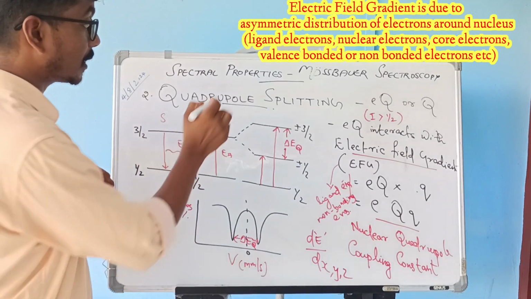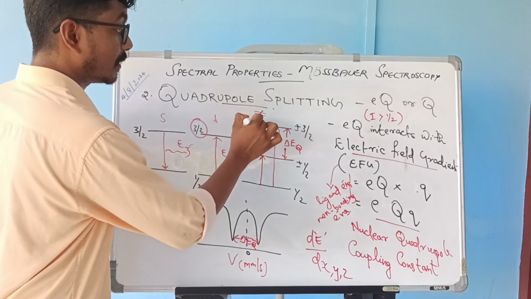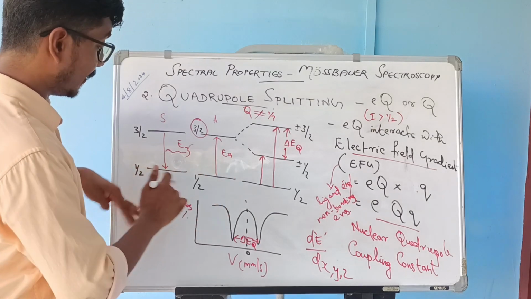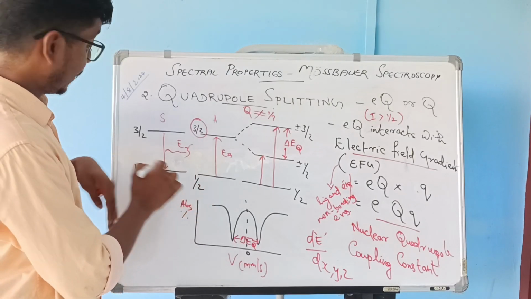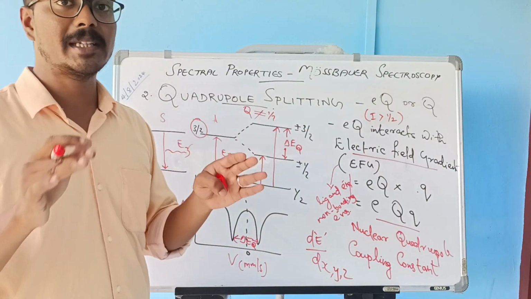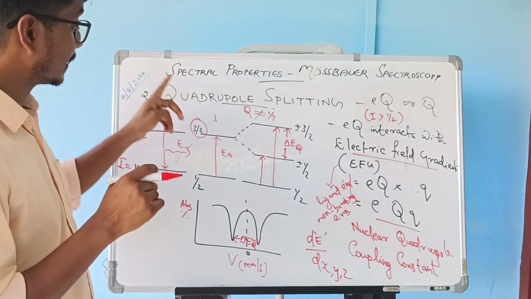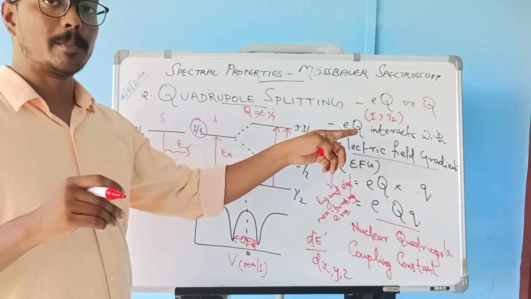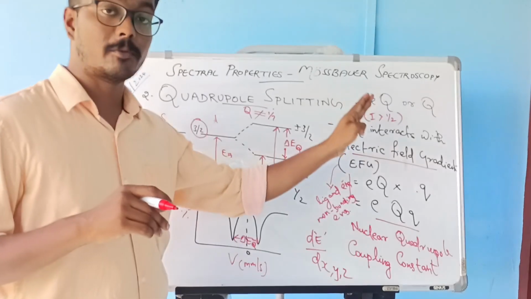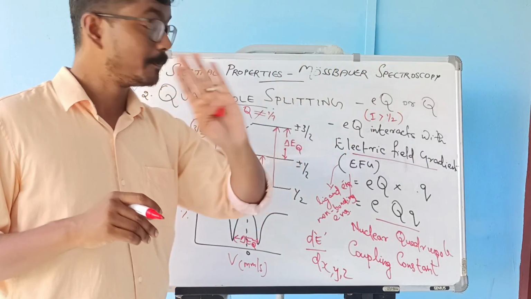You all know that quadrupole splitting does not affect I equal to 1/2, so the ground level is not affected by the quadrupole splitting. Whereas if I is greater than 1/2, integral or half integral, such as 3/2, it is split.